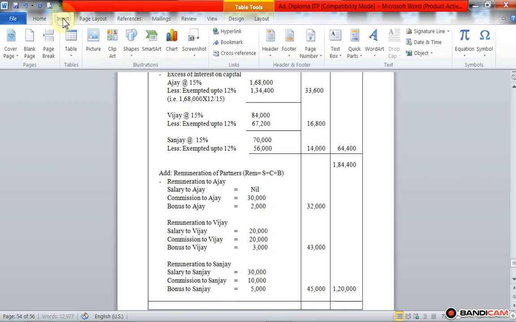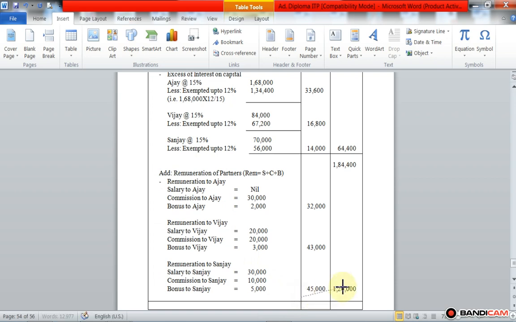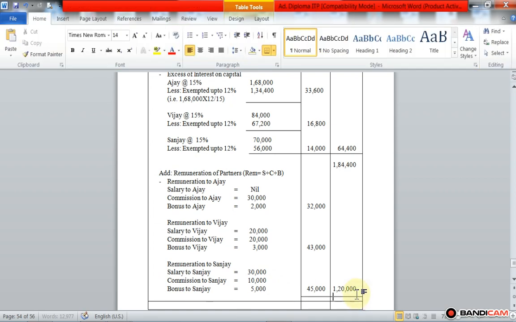Add this 1,20,000 to 1,84,400. So the amount is 3,04,400, and that amount is called the book profit of the firm.